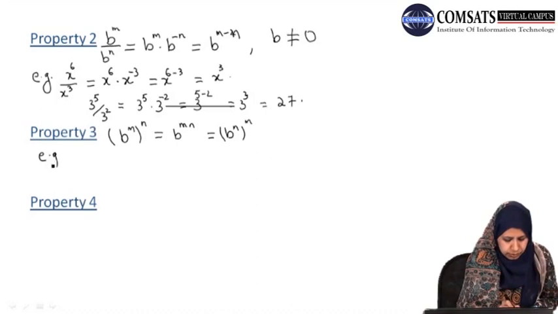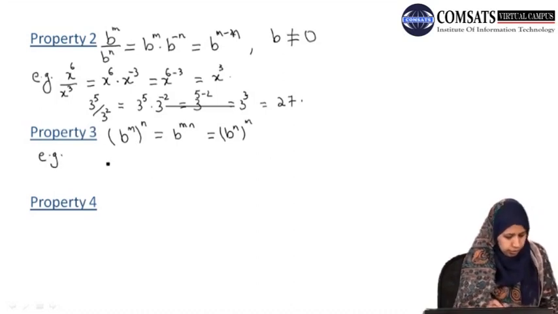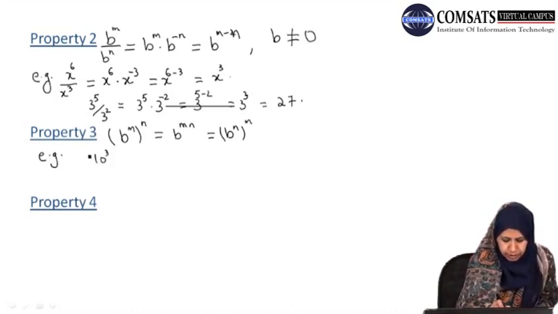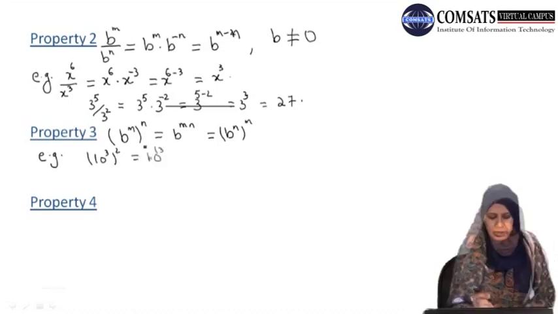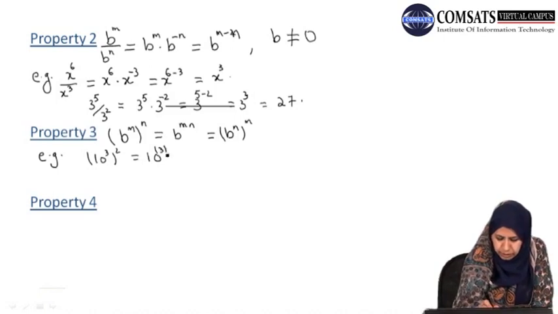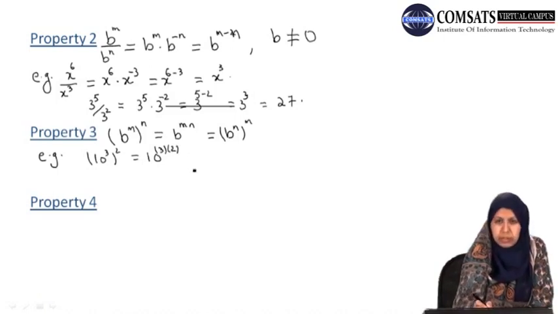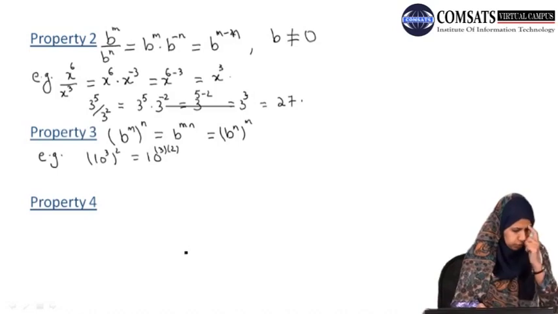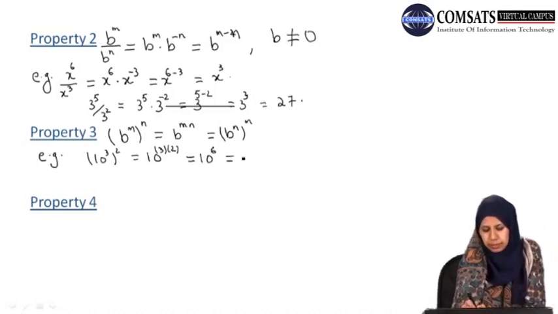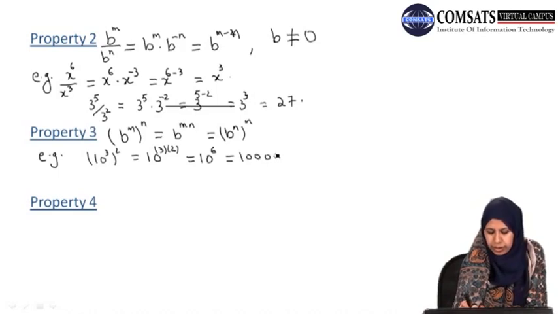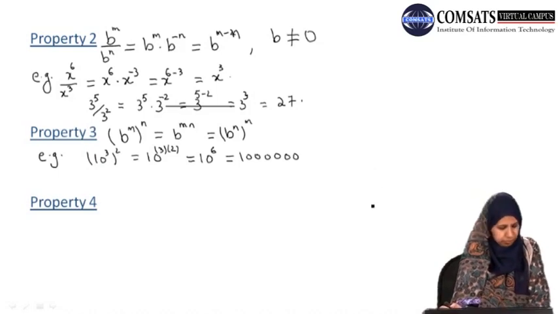For example, we have 10 cube whole square. This is nothing but 10 to the power 3 into 2, and taking the product, we obtain 10 to the power 6, and now we can easily simplify it by writing 1 with 6 zeros.